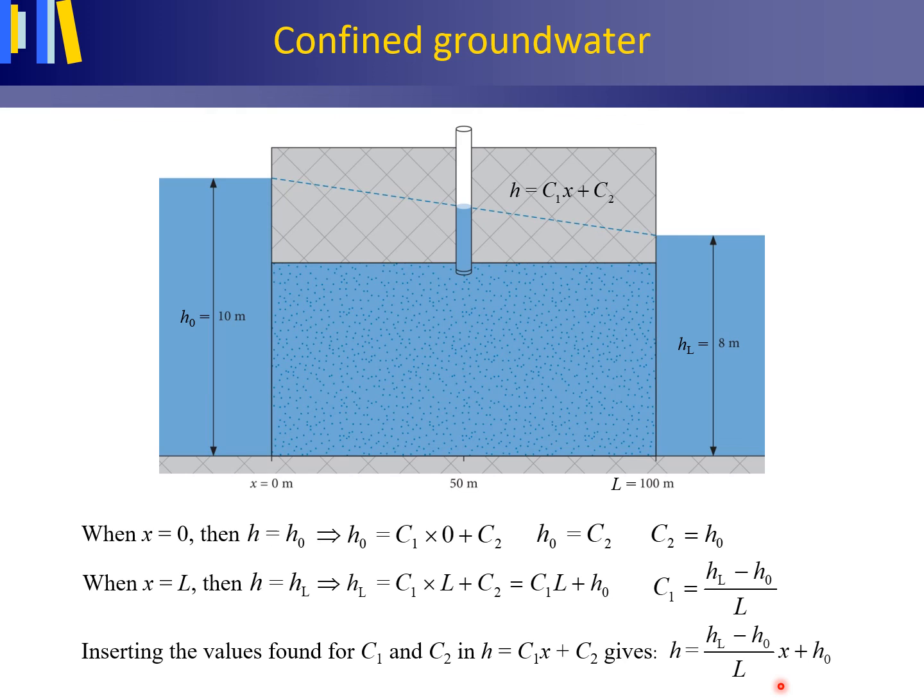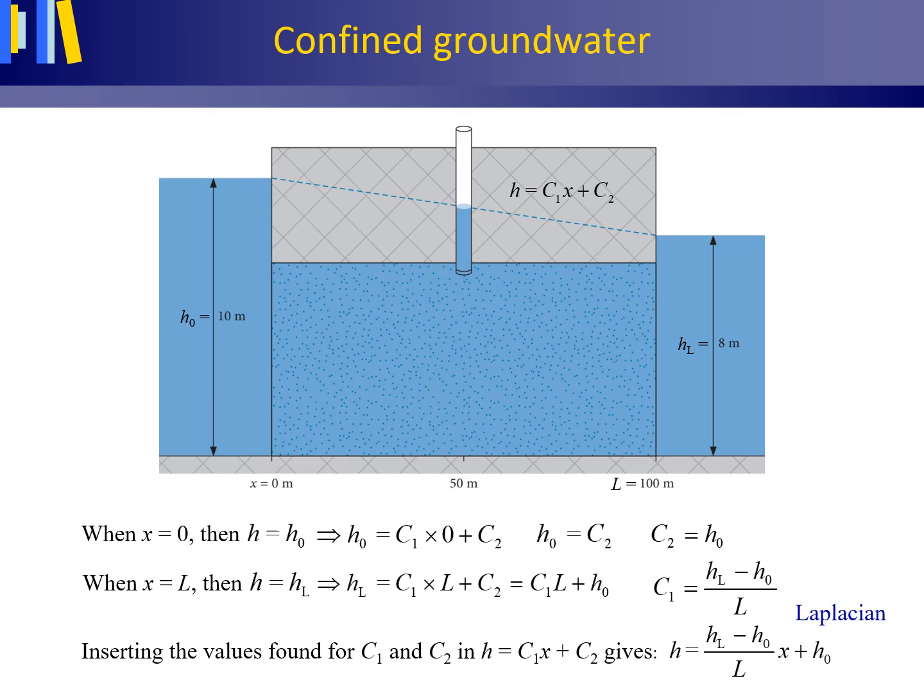(HL minus H0) divided by L is the slope of your hydraulic head distribution, your potentiometric surface or your piezometric surface, and (HL minus H0) divided by L is of course your hydraulic gradient.